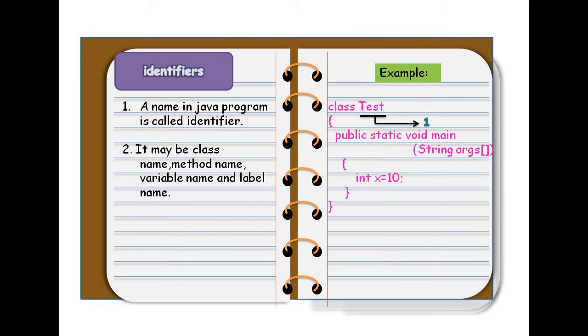Here test is an identifier. In the definition, it may be a class name, so test is a class name. It is also an identifier. Main is a method name. Method name is also an identifier. String is a class name. It is also an identifier.